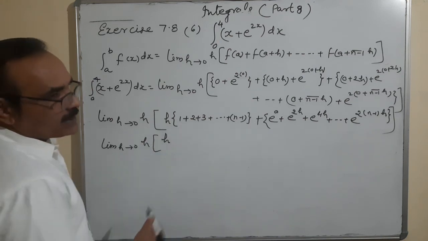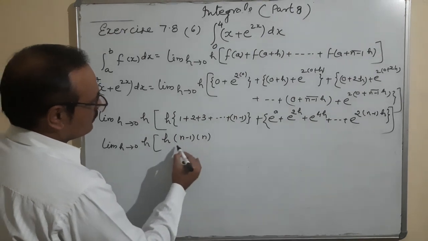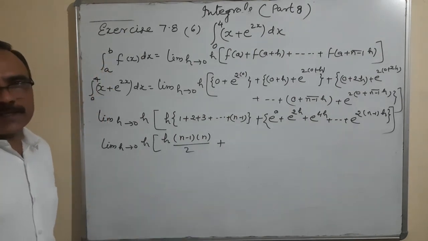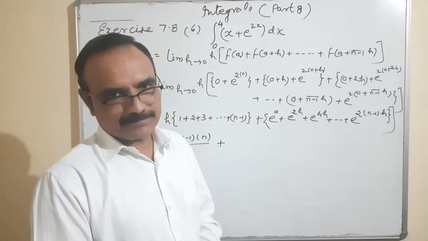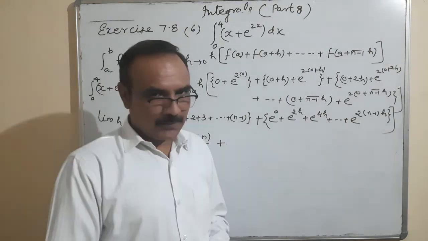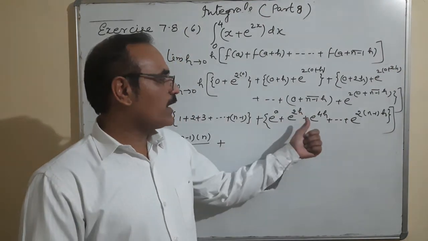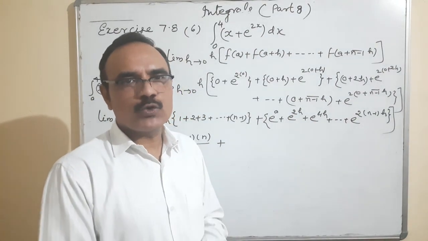It is 1 plus 2 plus 3 up to n minus 1, so I may write here n minus 1 into n upon 2, formula. Plus, this is a GP, geometrical progression. First term is e to the power 0, that is 1. E to the power 2h, e to the power 4h, that means their common ratio is the same. What is the common ratio? E to the power 2h.